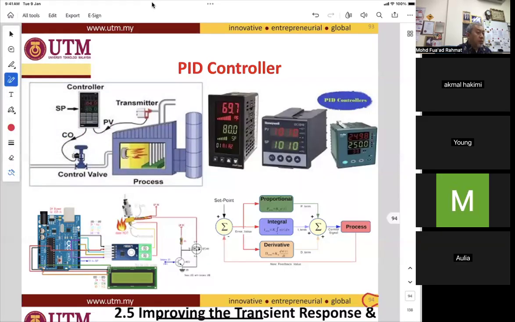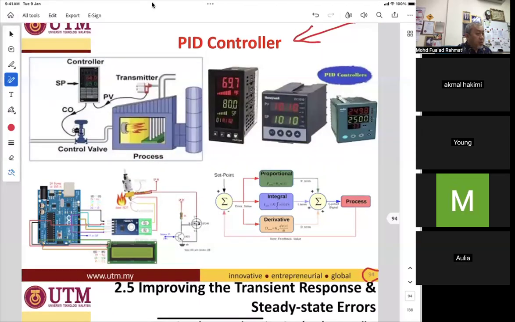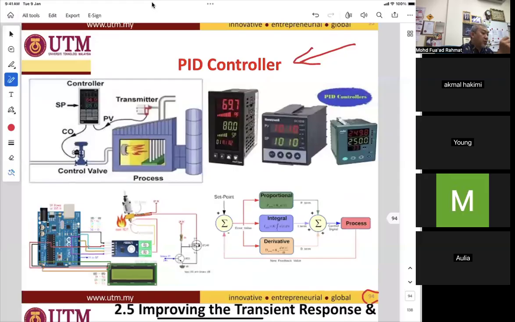We move to slide number 94. PID controller. PID stands for Proportional Integral Derivative Controller.